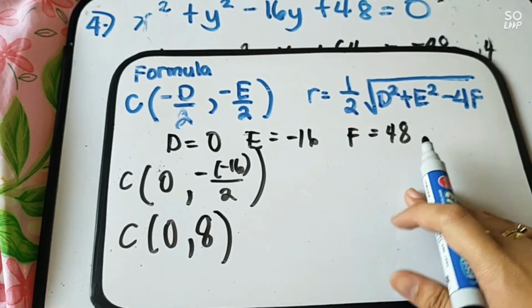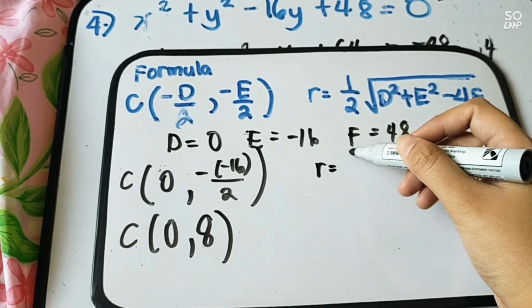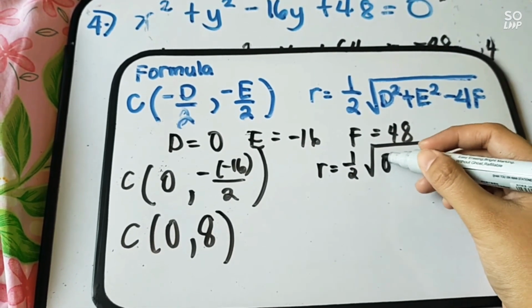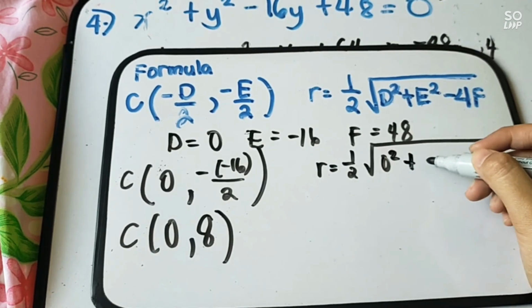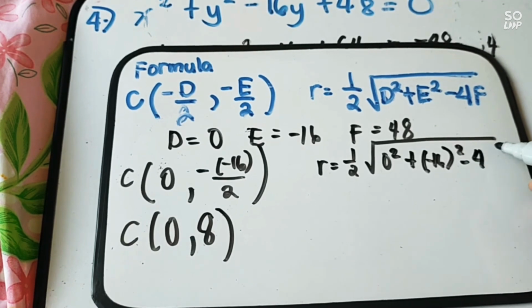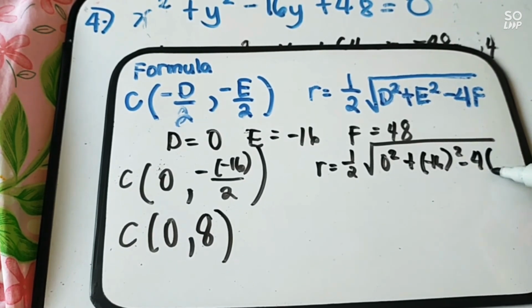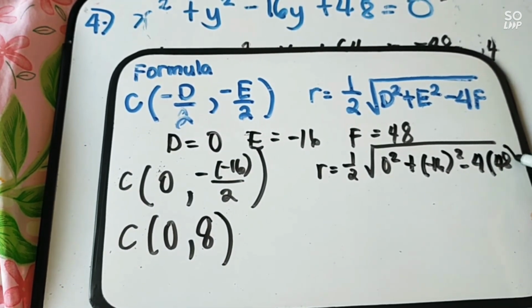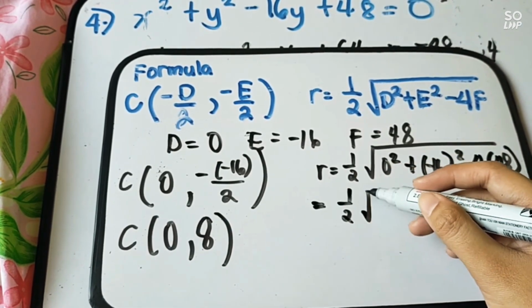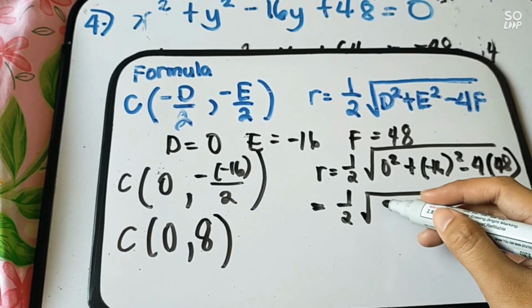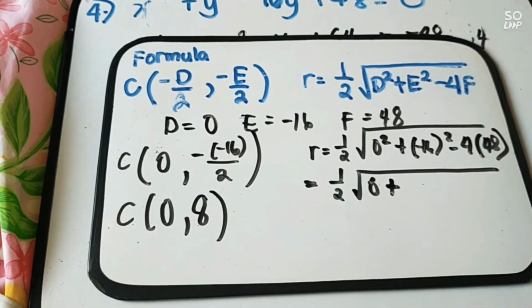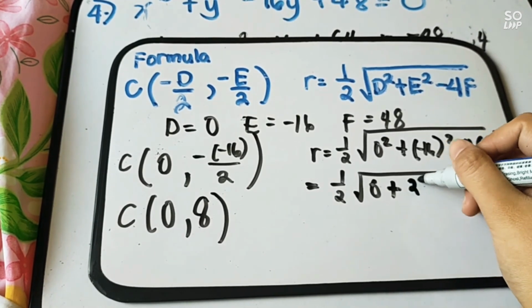Next, let us go to its radius. R is equals to 1/2 of the square root of, our D, we have 0 squared, plus, our E is negative 16 squared, minus 4 times, our F is 48. Simplify. We have 1/2 square root of 0 squared is 0. Then, plus 16 squared, we have 256.